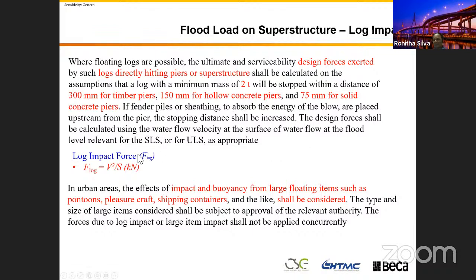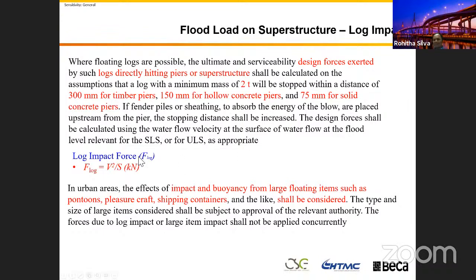Then if you multiply that by the mass, you get your log force here. The S is in meters, so you can calculate that, and using that you can get the log impact force.